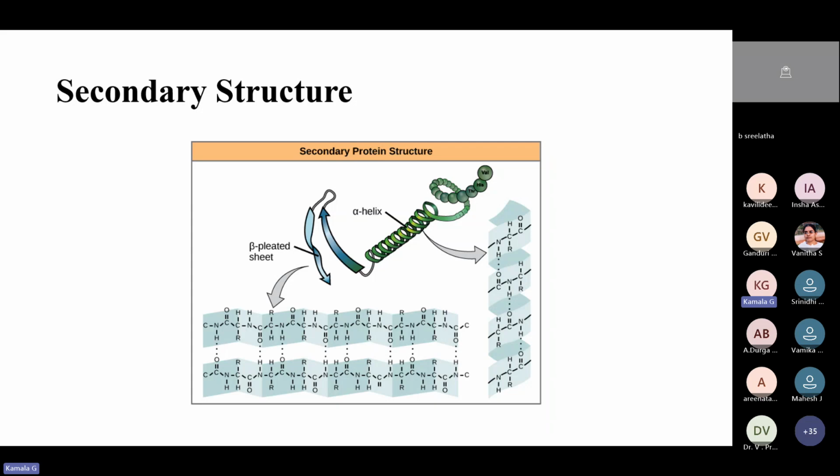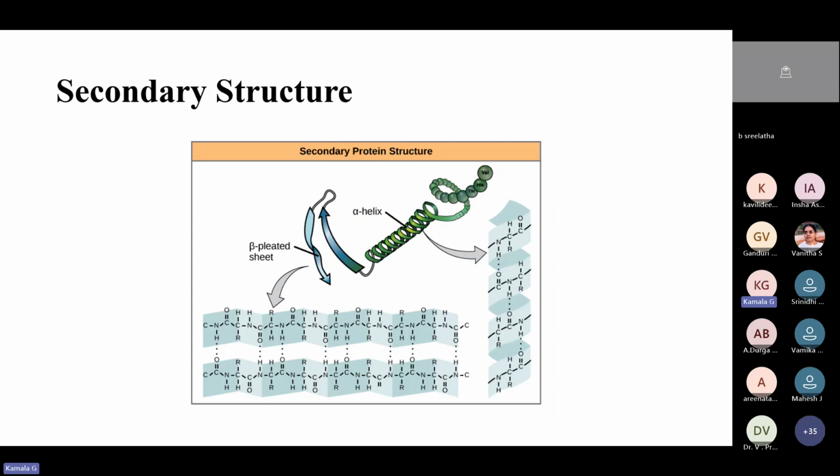Okay. Now, secondary structures. Primary structures consist of amino acids. That's all. Negatively charged amino acids, positively charged amino acids, and different kinds of amino acid composition we can know from the primary structure.